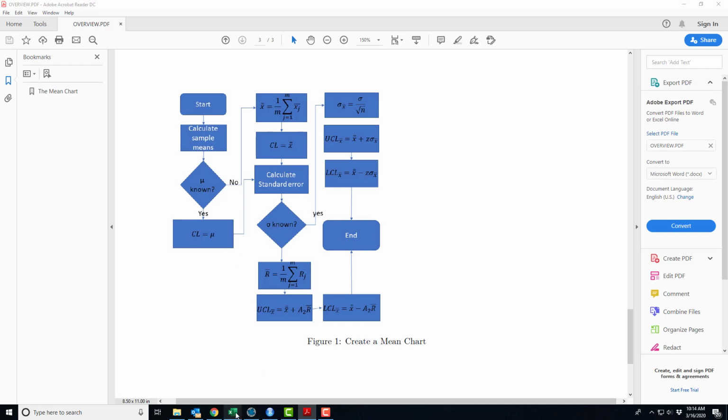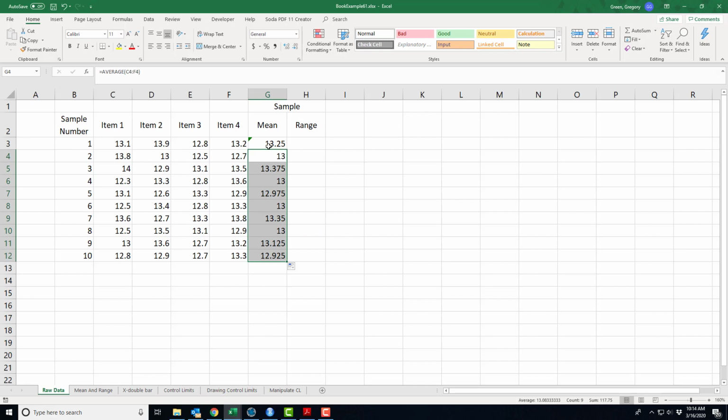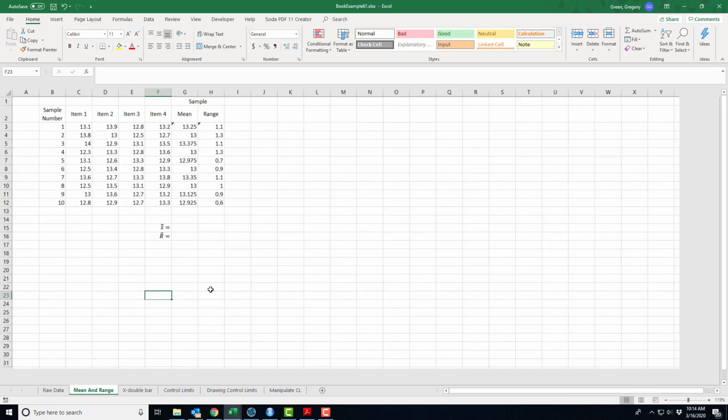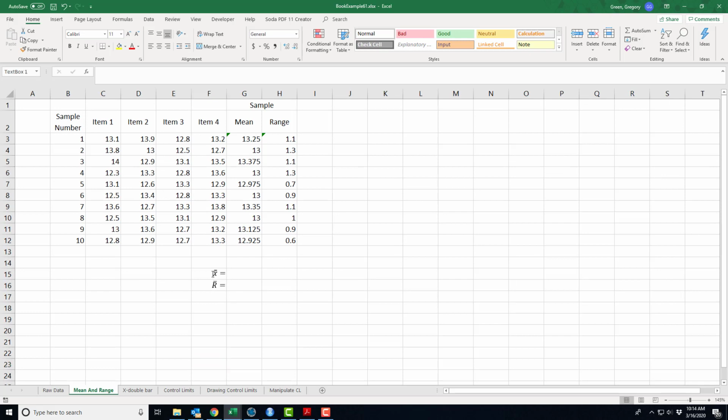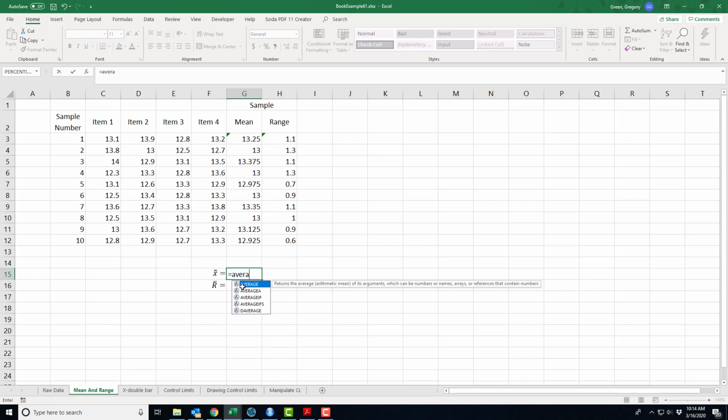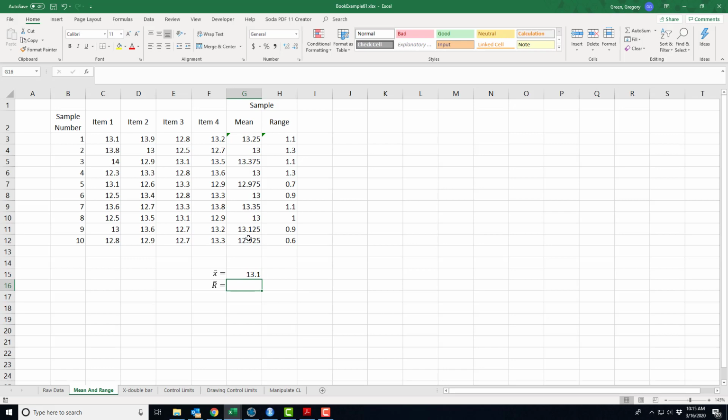So that's my second step in this process. I've calculated the means, and I have them all here. What it's asking me to do now is calculate the mean of the means. So that's just another use of the average, and I'm just going to highlight the means of each sample. And I now have the mean of the means, which is a very good estimate of the population mean.